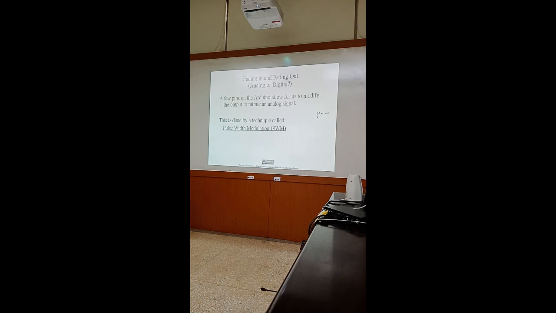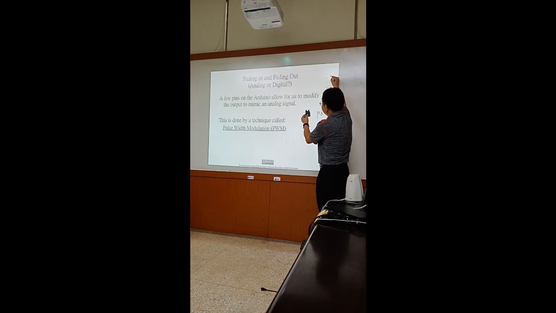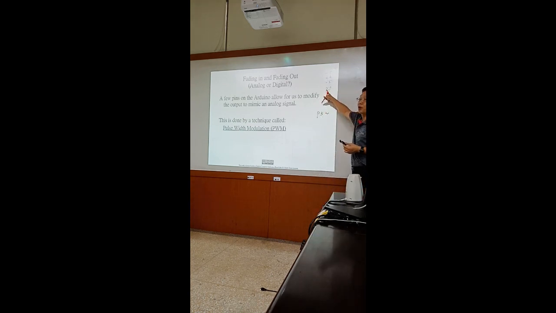So here, please check. Take your Arduino board. Try to find some pin that is very small, something with the symbol, like this. For example, pin 3, and pin 5, pin 6, pin 9, some pins have this symbol here.